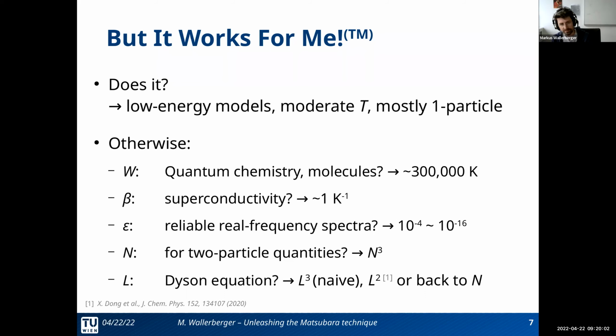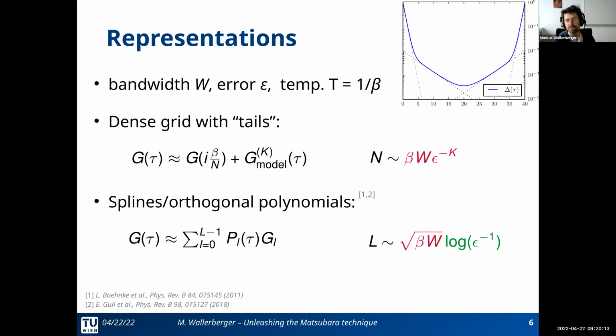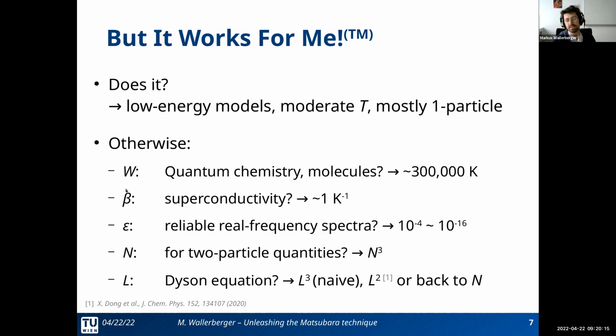But if you don't do that, for instance, if you want to do quantum chemistry, well, the bandwidths become very large. And then this W blows up, which blows up, remember, your grid size. Or if you want to model things like superconductivity, where you need to get down to very low temperatures, then the bandwidth in units of temperature becomes very large.